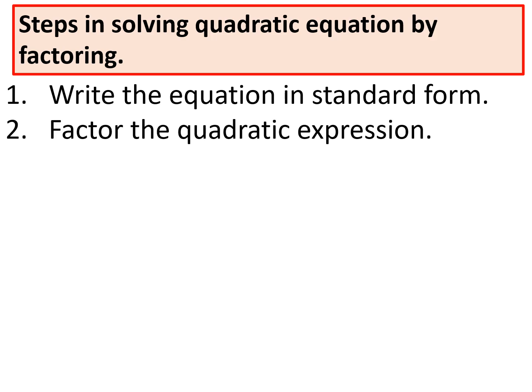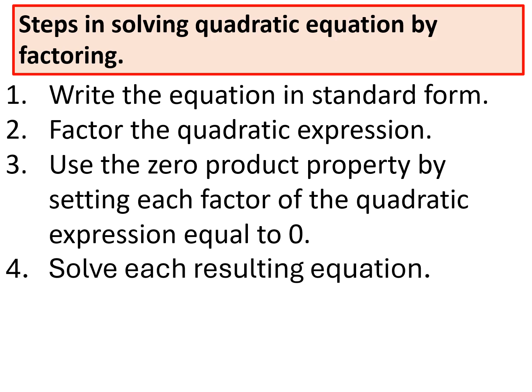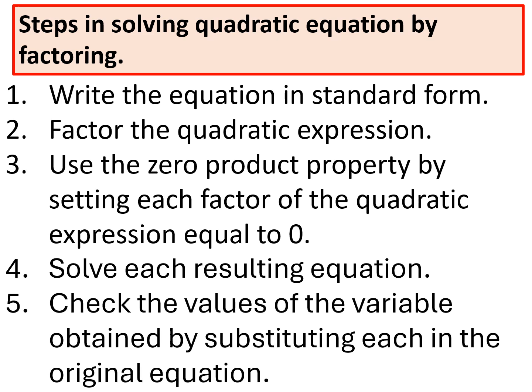Second, factor the quadratic expression. Third, use the zero product property by setting each factor of the quadratic expression equal to 0. Fourth, solve each resulting equation. Then fifth, check the values of the variable obtained by substituting each in the original equation.